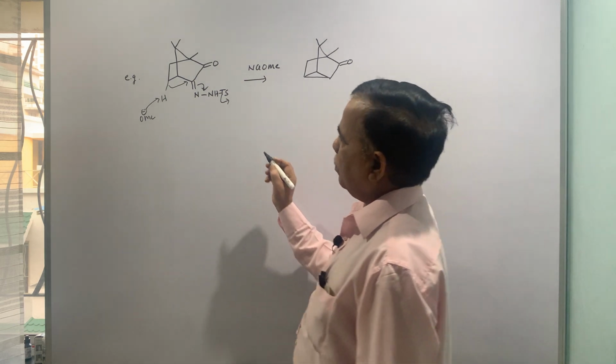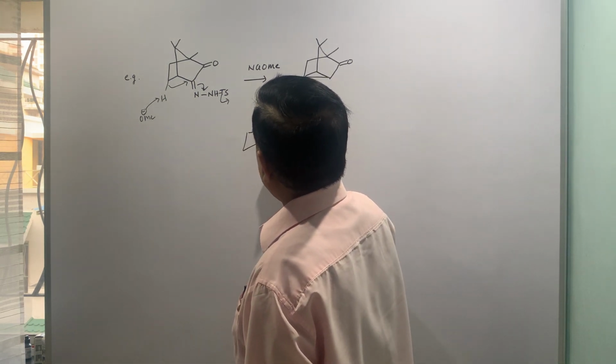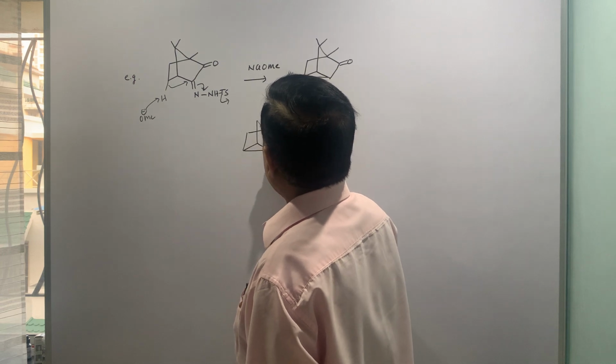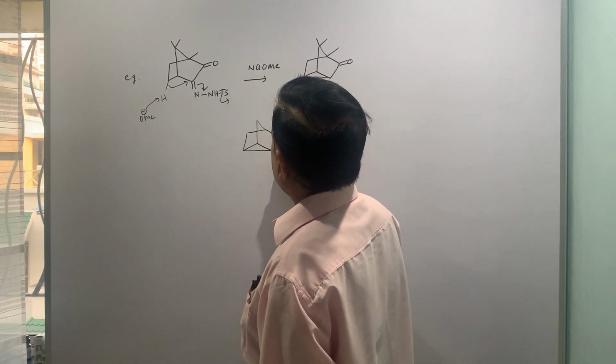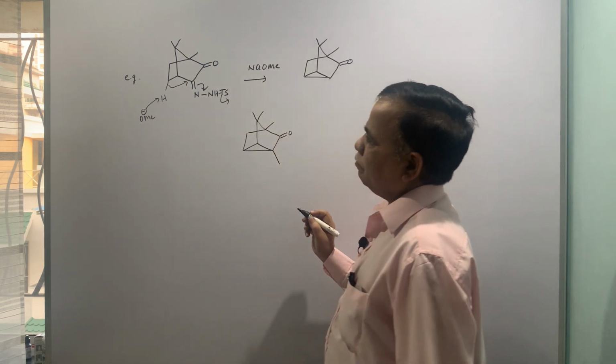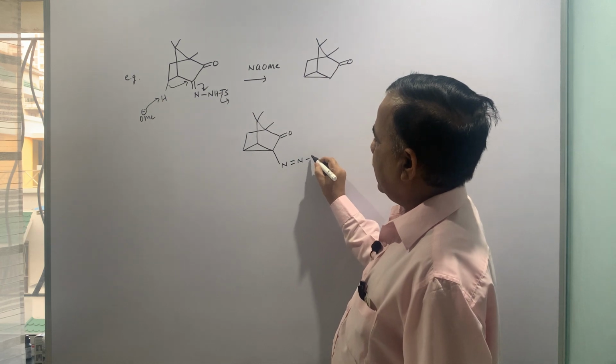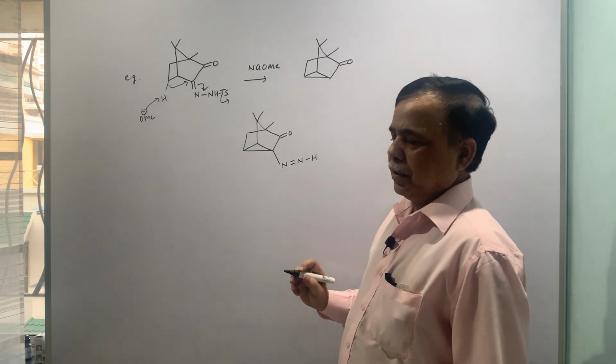Tosylate is a leaving group, so if it goes off, you will be getting this one. The other entities would be as it is. This will be N double bond NH, right?